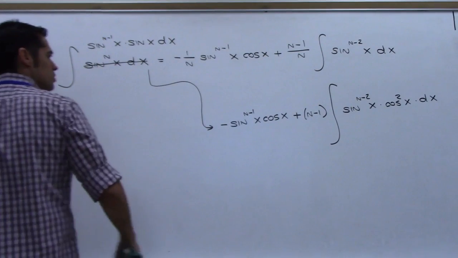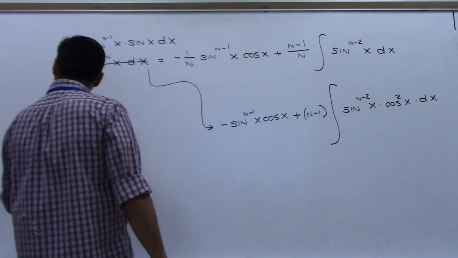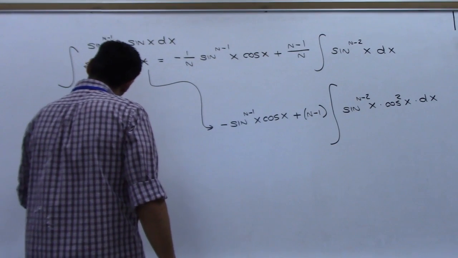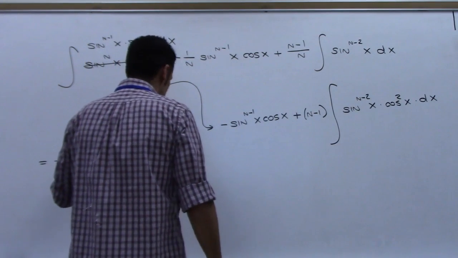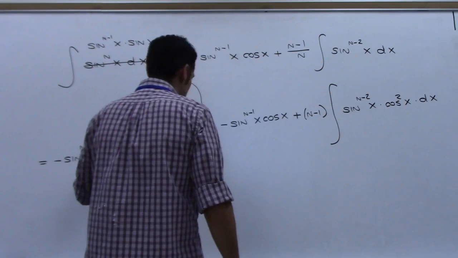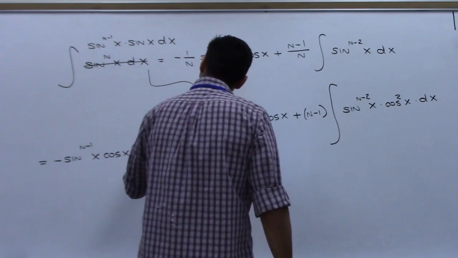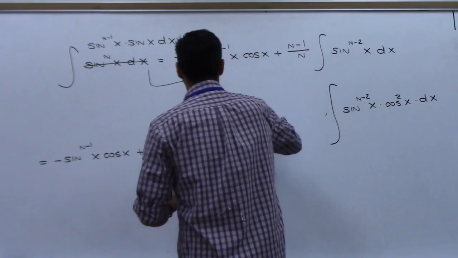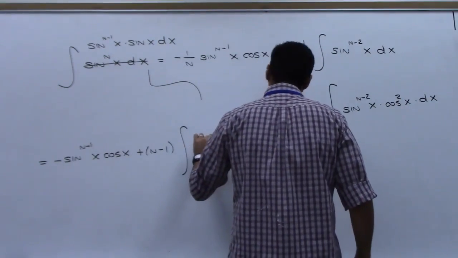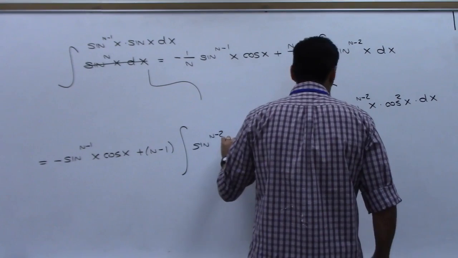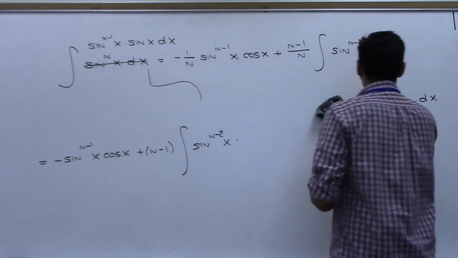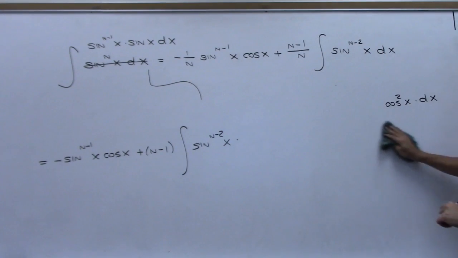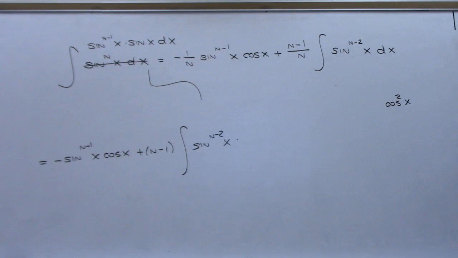Nope, watch. This equals negative sine to the n minus 1 x cosine x plus n minus 1 integral sine to the n minus 2 x times, hey, what's another way you can rewrite cosine squared back from pre-cal?